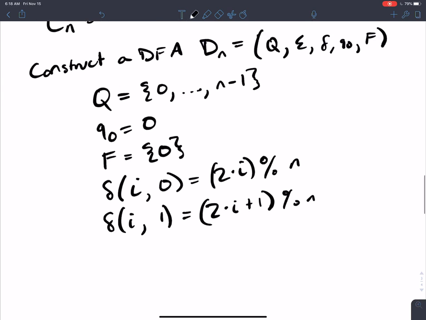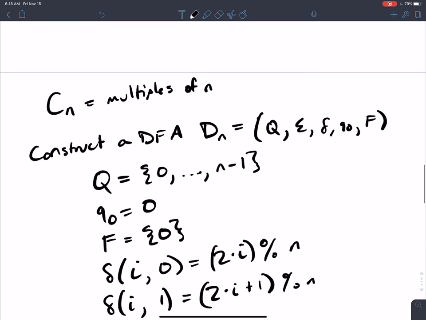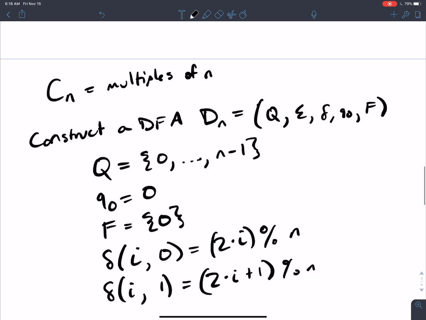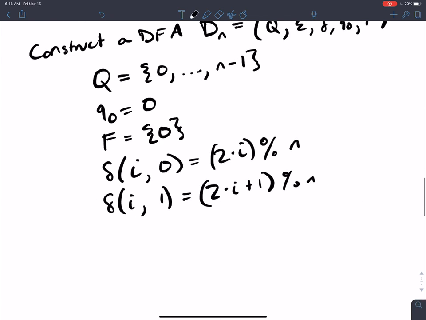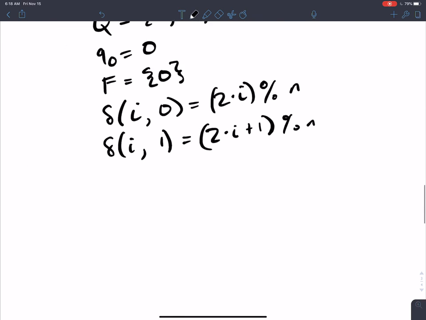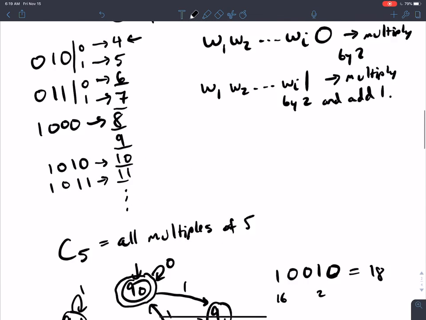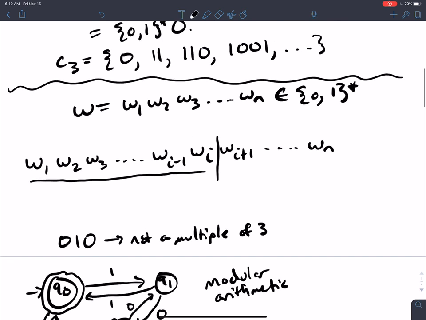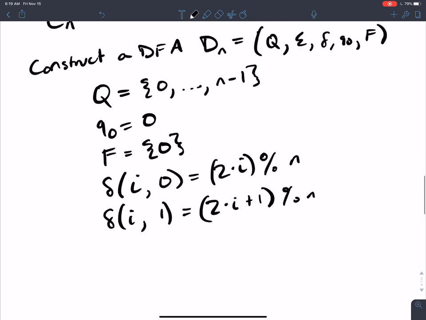Okay, cool. So this actually shows that the language Cn is always regular for any n at least 1, because we can always make a DFA for it. And we can prove this. The basic idea is that we look at the partial strings, w1 through wi, and then we can prove by induction that it works in general.